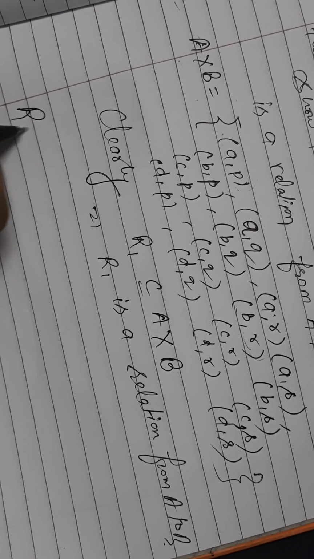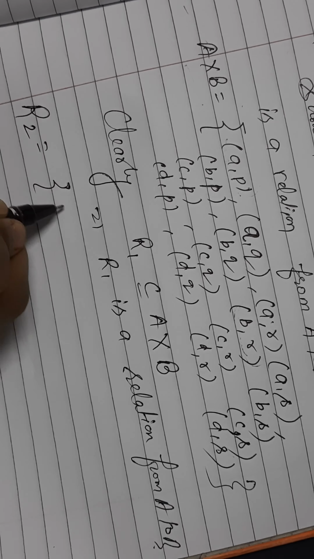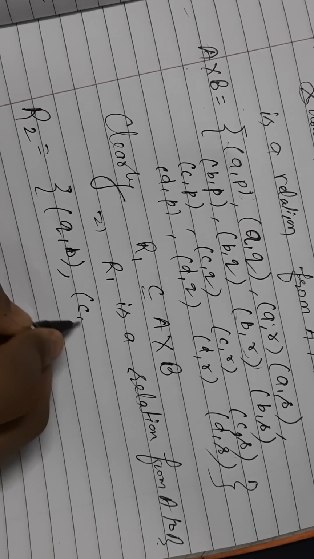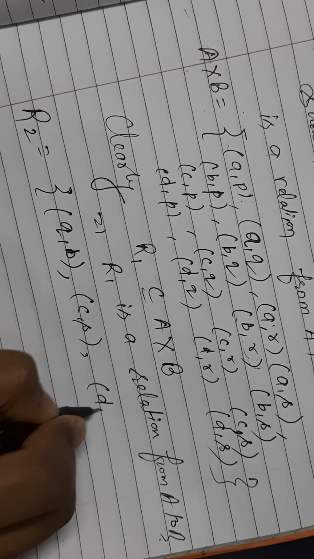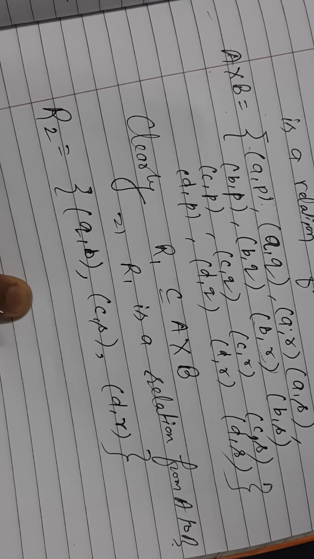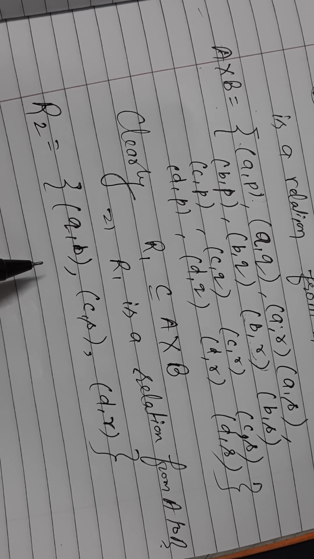Now the next relation given is R2. R2 is given as {(q, b), (c, s), (d, r)}. Now we have to check whether this R2 is a relation from A to B or not. So again we'll use the same method.